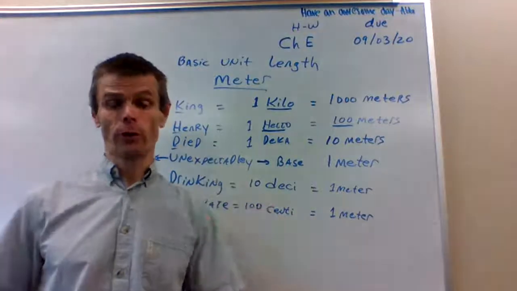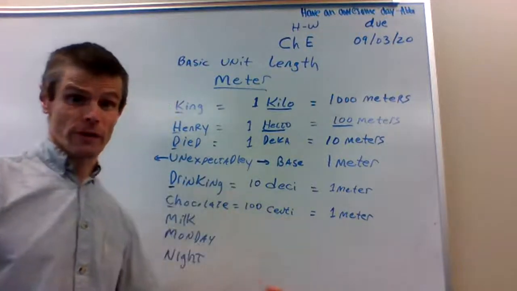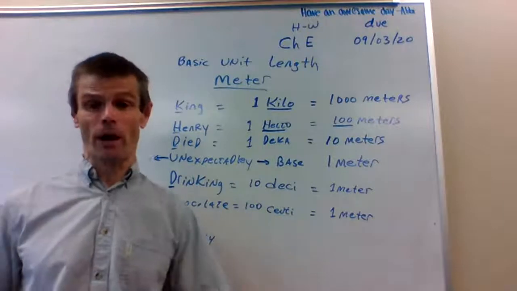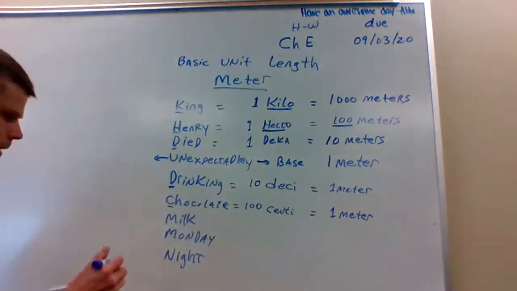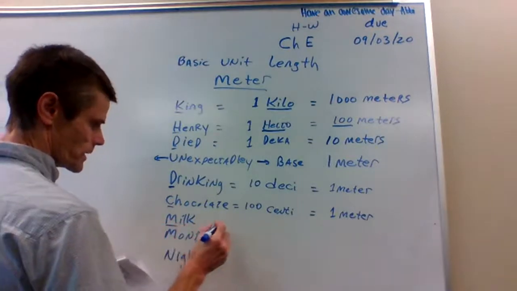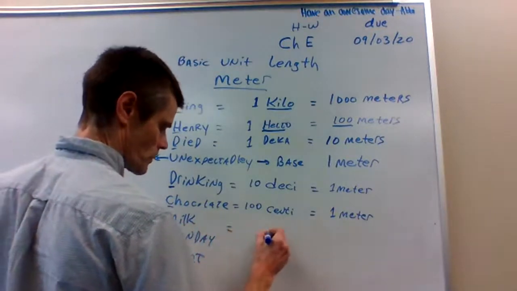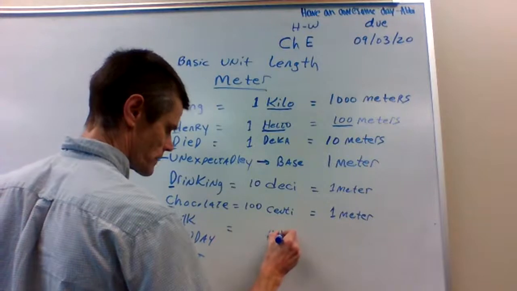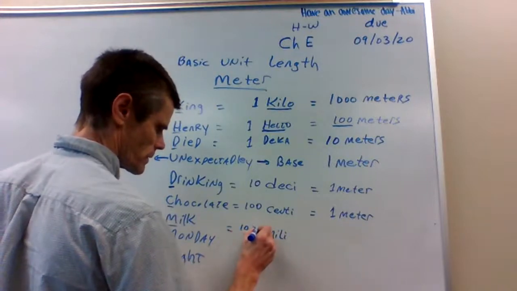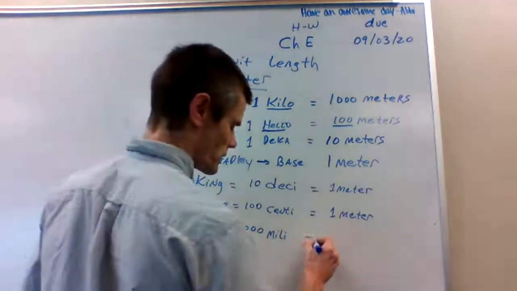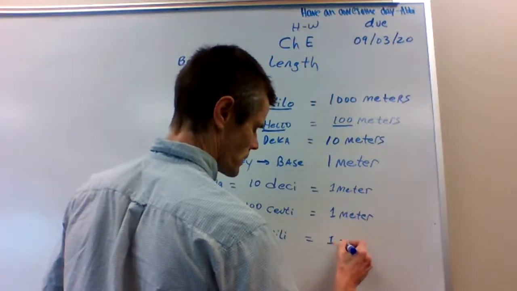We're going to go through unit conversions using these, but we just want to start to think about these prefixes for the time being. Milk, milli. We probably have heard of a millimeter. There are 1,000 millimeters in 1 meter.